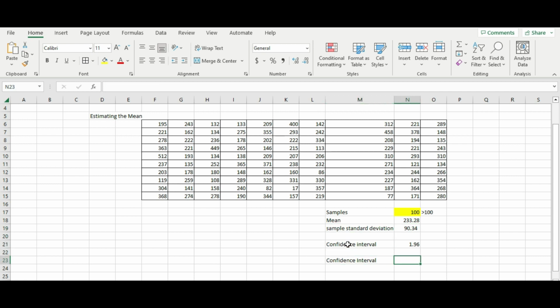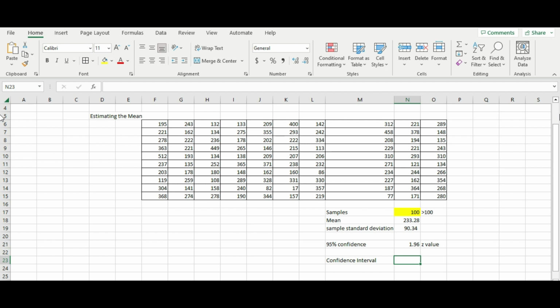For the estimator, for example, we use the 95% confidence level.